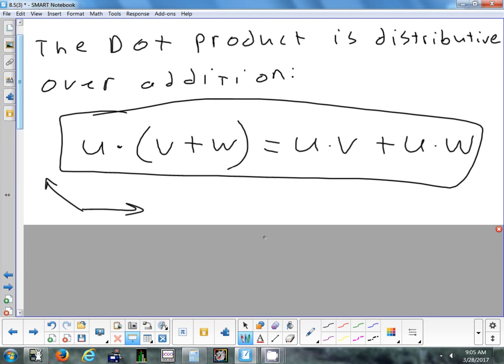What's something you might want to know about them? Besides their magnitudes, we could find the length of each vector. But the way that I just lined them up, we could also find... what could you find in that diagram?